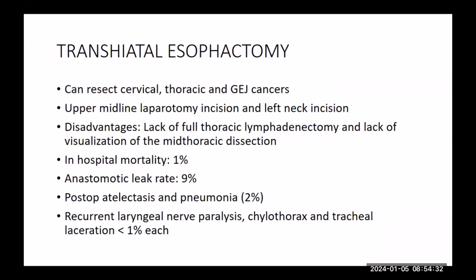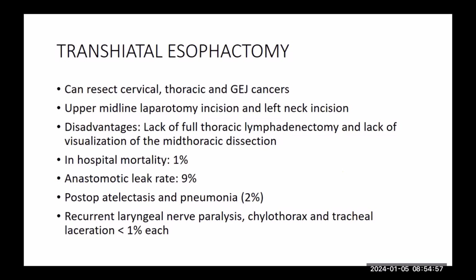So transhiatal esophagectomy can dissect the cervical, thoracic, and GEJ cancer. Upper midline laparotomy incision and left neck incision is preferred in this. So the only disadvantage of this transhiatal esophagectomy is that we cannot do the full thoracic lymphadenectomy because we are going from the transhiatal route, and we cannot entirely see the mid-thoracic dissection.